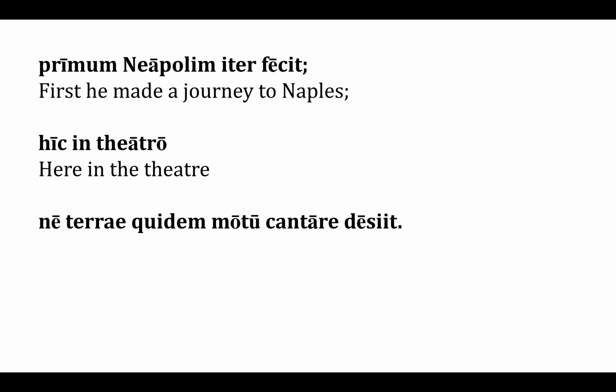With a movement, so not even with a movement of the earth. And then desiit is the verb, that means he stopped. And the subject must be he, because there's no other nominative singular noun here. So not even with the movement of the earth, with an earthquake, did he stop.